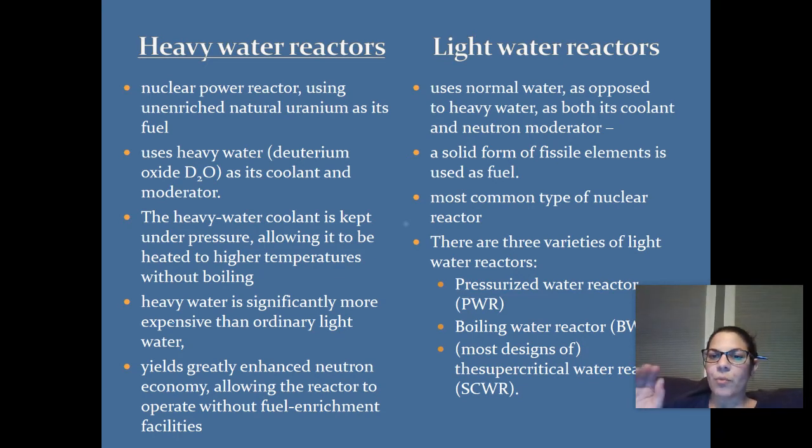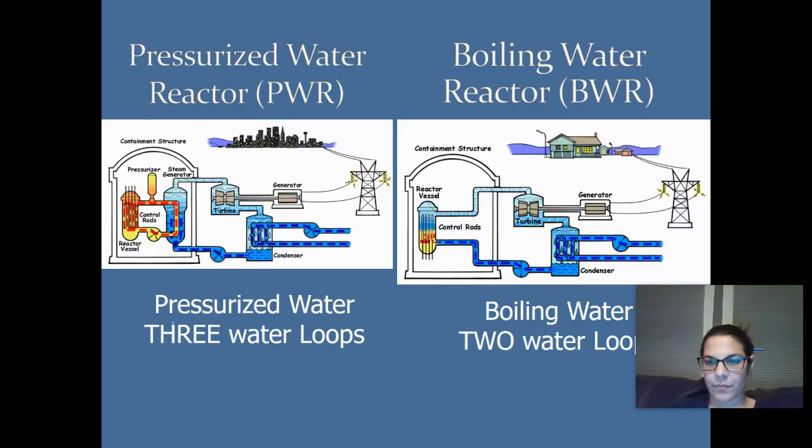So in a pressurized water reactor, the water's pressurized. In a boiling water reactor, you actually have that water that boils. And here you go. Your pressurized water reactor has three loops. So you see this red here, and then you see the blue, and then you see the other blue.